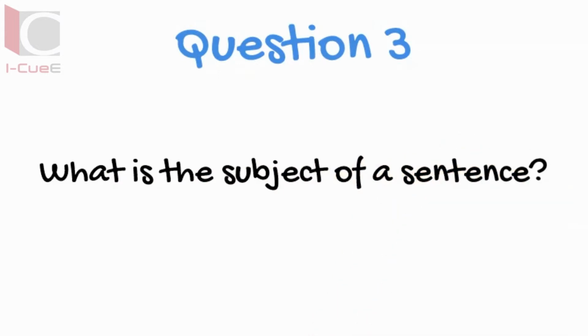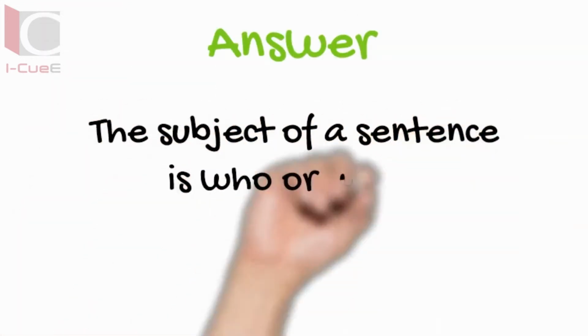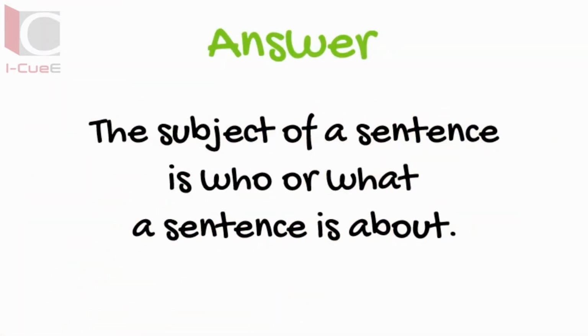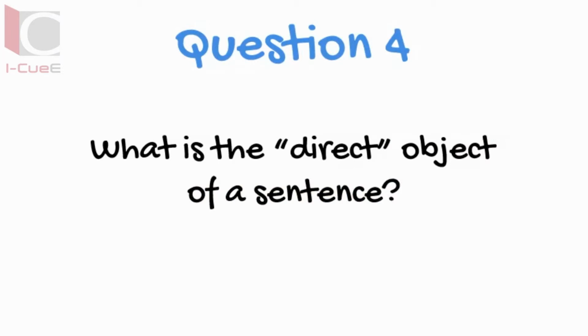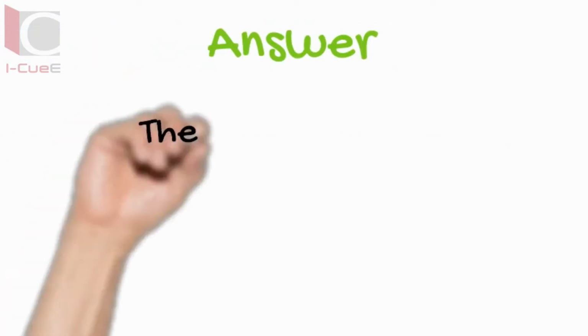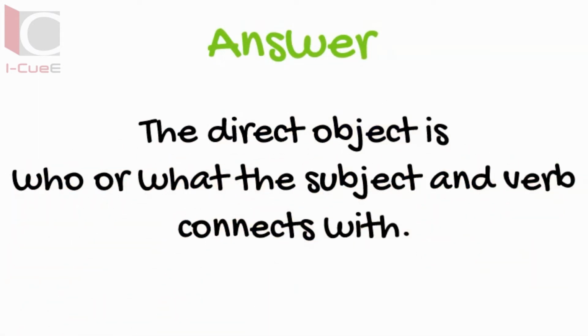What is the subject of a sentence? The subject of a sentence is who or what a sentence is about. What is the direct object of a sentence? The direct object is who or what the subject and verb connects with.